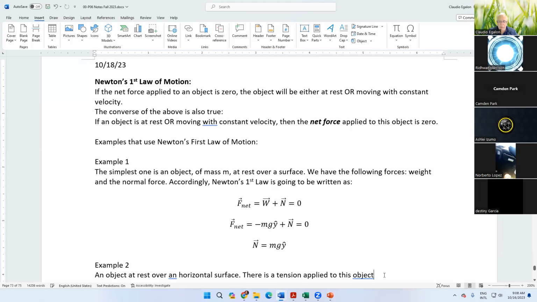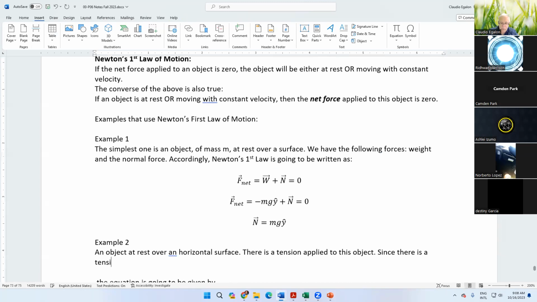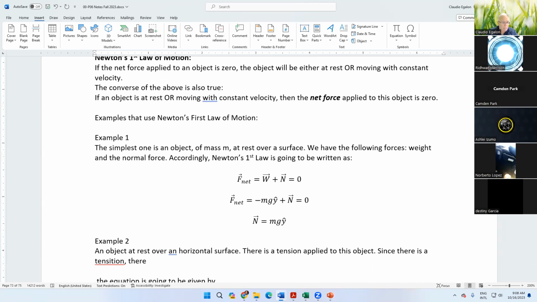There is a tension applied to this object. Since there is a tension to the right, and since the object is at rest, there must be another force acting against this tension.